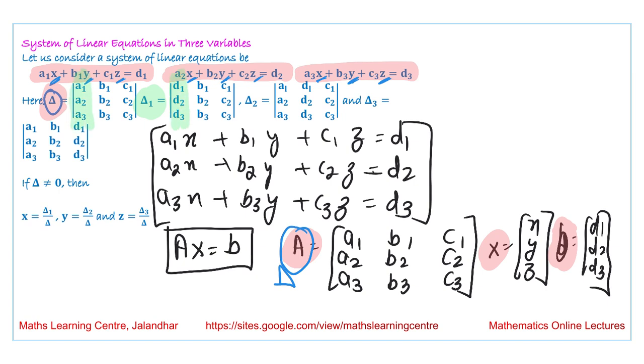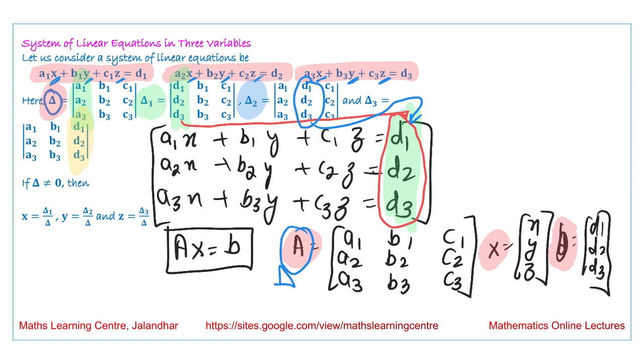In place of a1, a2, a3, we have replaced it with d1, d2, d3 to obtain delta 1. Next, to obtain delta 2, we replace the second column with d1, d2 and d3, and to obtain delta 3 we replace the third column.